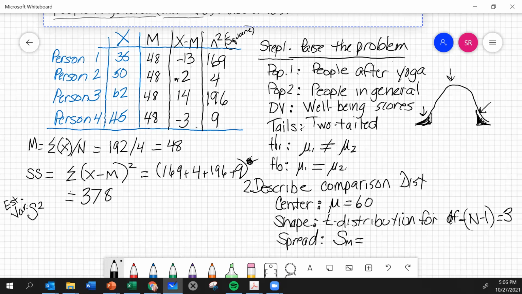So S squared is simply sum of squares divided by degrees of freedom, which is equal to sum of squares divided by n minus 1, which is equal to 378 divided by 3, which gives us an estimated variance for the population.